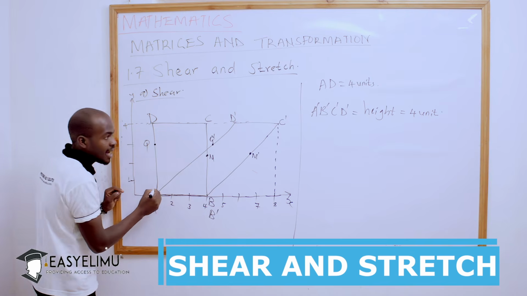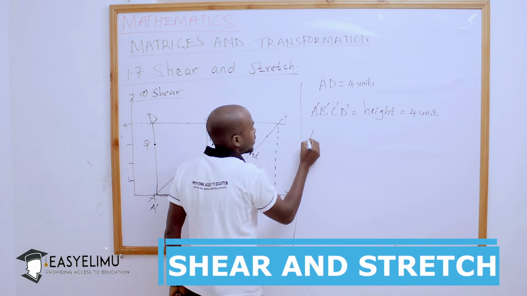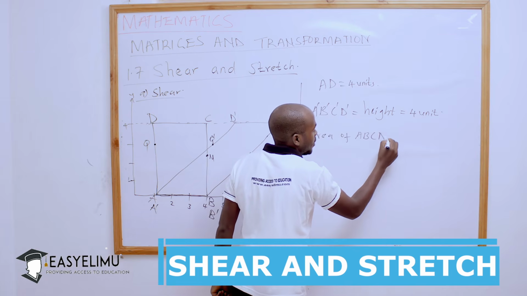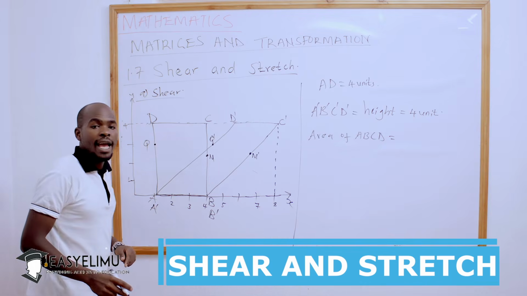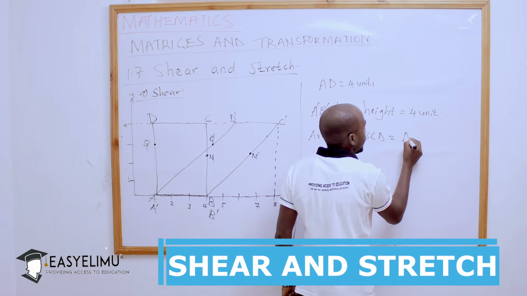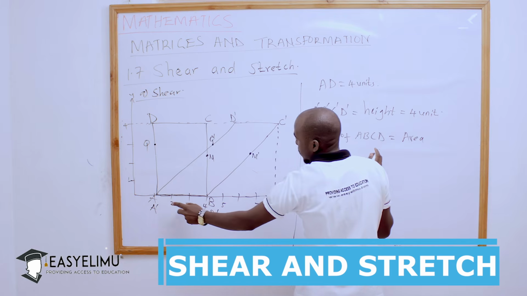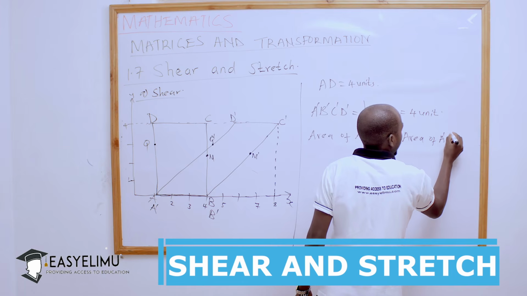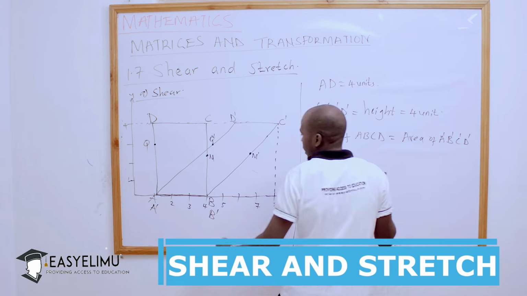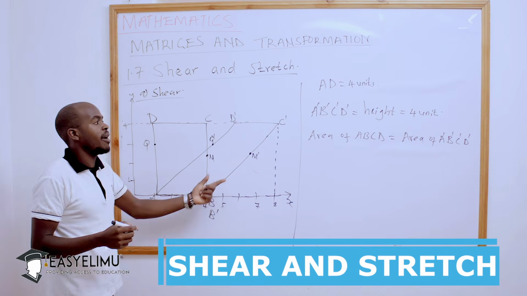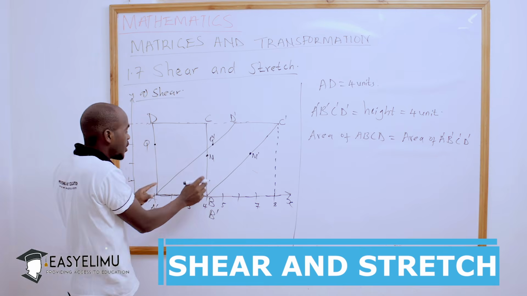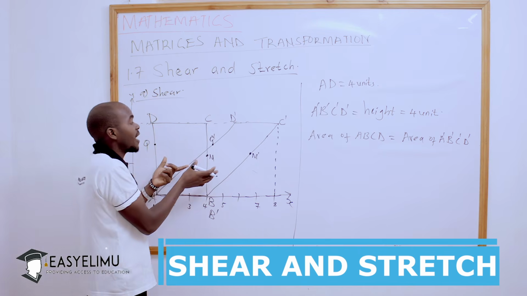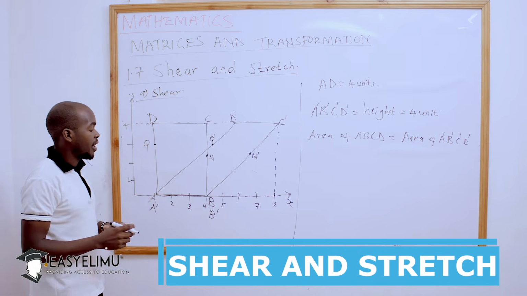That means the area of ABCD, our figure here, will be equal to the area of the image, because they are sharing the same base and having the same height. So the area of this rectangle is the same as the area of the parallelogram, which is an image of what we have here.